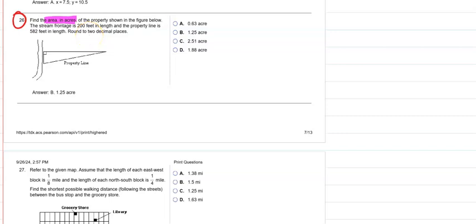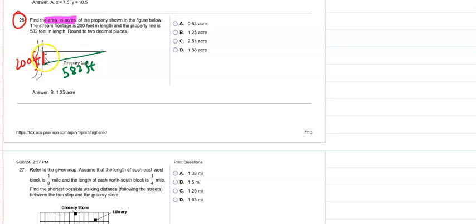So this is the property line, this one with the green line, which is going to be 582 feet, and this line here, which is called the stream frontage, is 200 feet. So this is 200 feet because this is towards the stream. This is the stream. Look at the picture. So pretty much you're looking for, this is a right triangle.